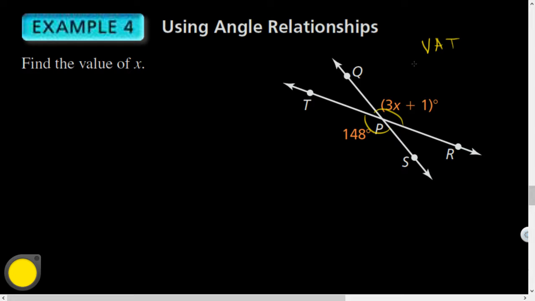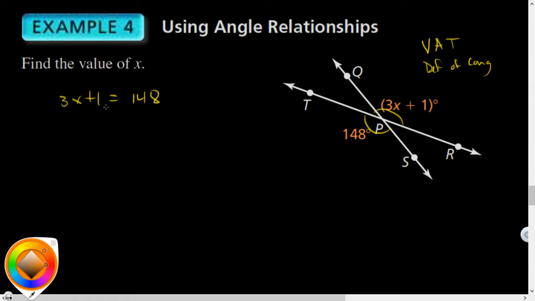That is so much cooler. And because they are congruent to each other, then their measures are equal by definition of congruence. Right? I could say that the measures of these two angles are equal. And then by substitution, I could plug this in for each of those measures and get the equation 3x plus 1 equals 148. Right? I'm just kind of like semi-explaining why I got to this point.